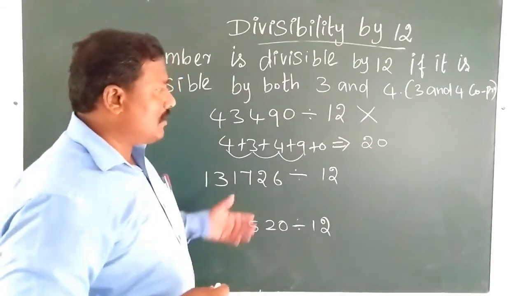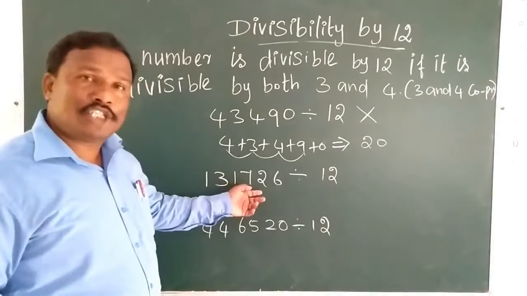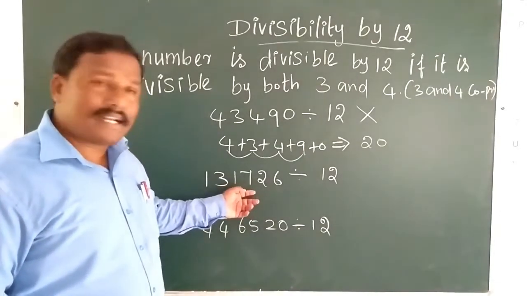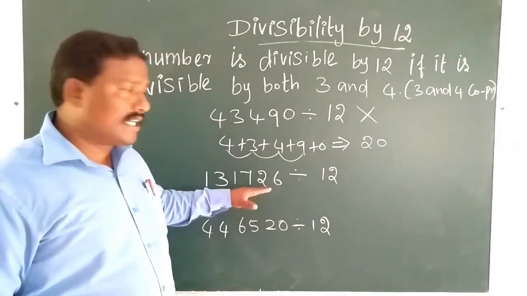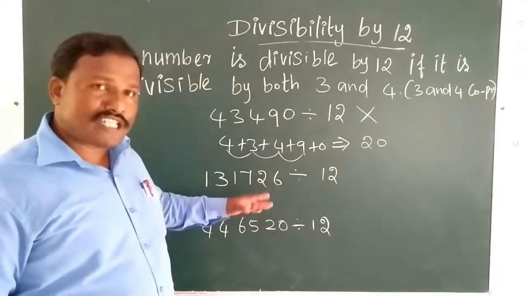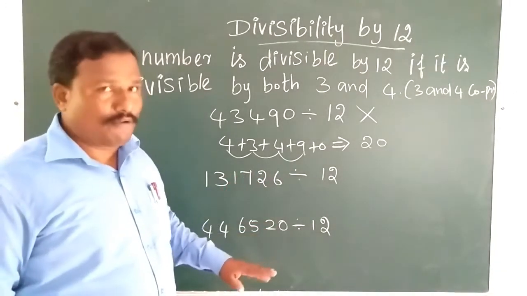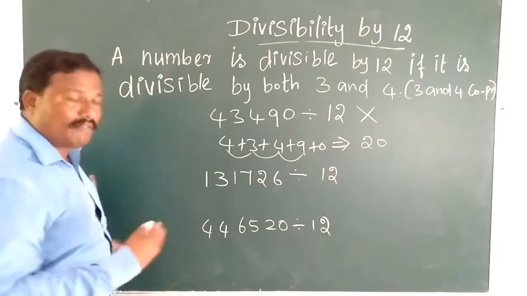Okay. So next example: 131726. Is the number divisible by 12 or not? If you want to say, we need to check 3 and 4 first. First we have to check by 3, then after that we have to check by 4. So 3, as per the divisibility rule, sum of the digits.